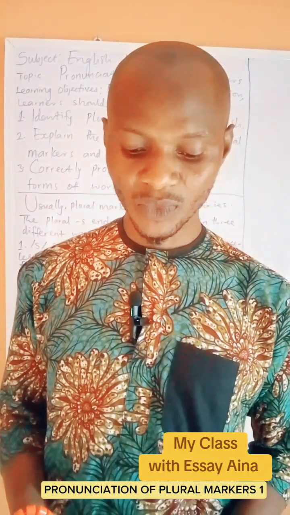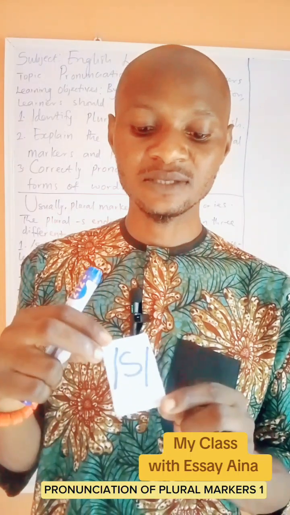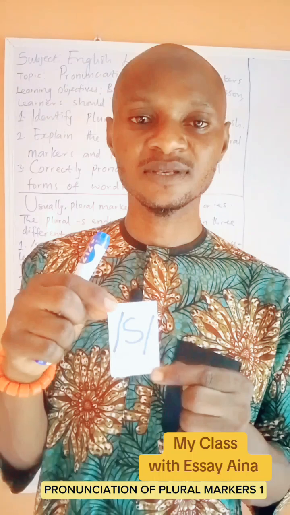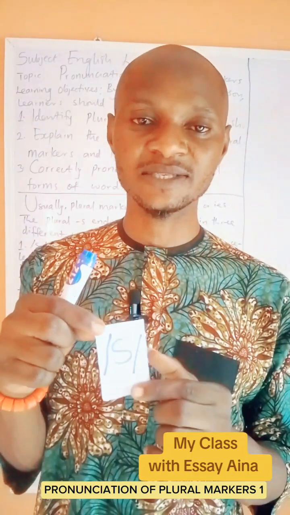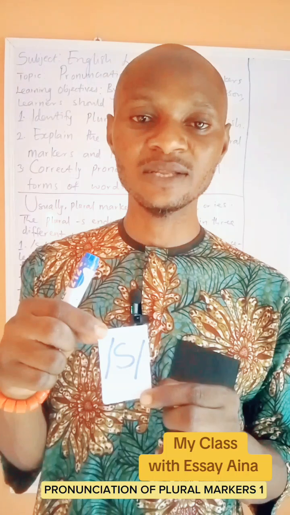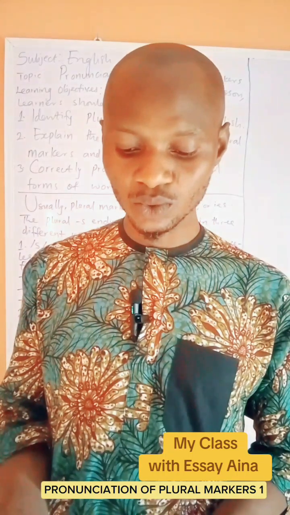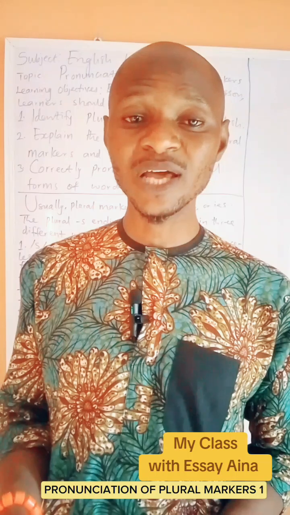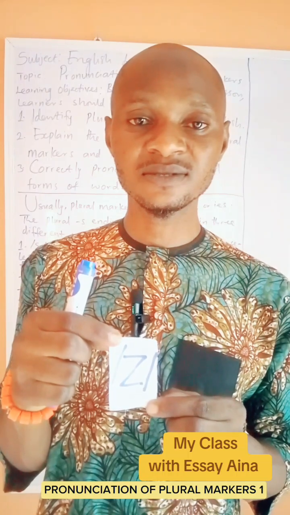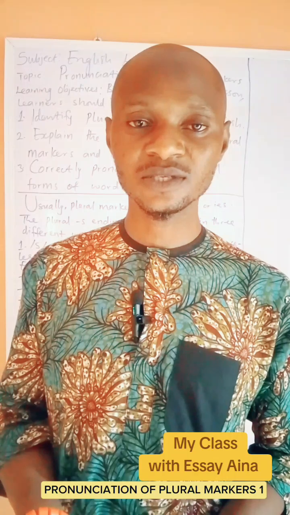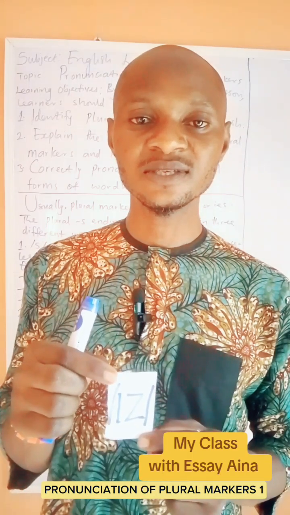Number one, you pronounce it as the letter S, just like letter S. So when you add the sound s, you pronounce it as s. Number two, you also pronounce it as z. And then the third one is you also pronounce it as iz.